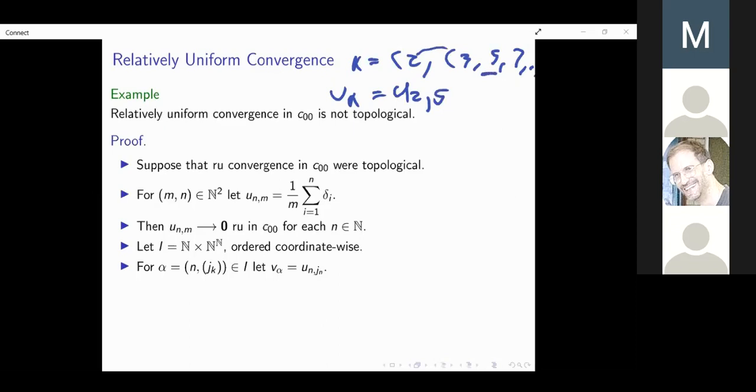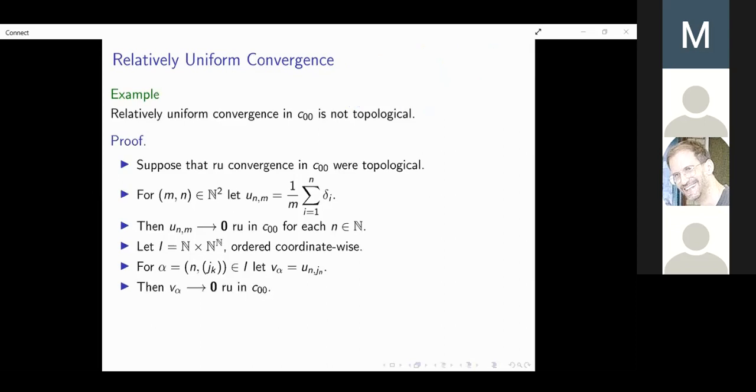Now, because relatively uniform convergence on C00 is assumed to be topological, this net will converge to 0 relatively uniformly in C00. That's a little generalization of the classical diagonal property for convergent sequences, say in a metric space.